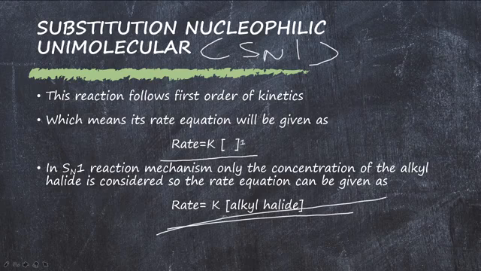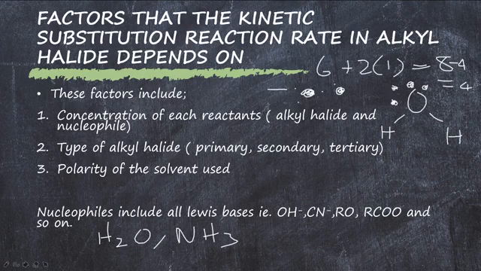Why does this end up becoming the rate equation? Because in the SN1 reaction mechanism, we do not consider the nucleophile. The nucleophile doesn't actually take part, or is not essential in determining the rate of the reaction, and that's why it's only the alkyl halide. Previously I gave you the factors, which include the concentration of each reactant.